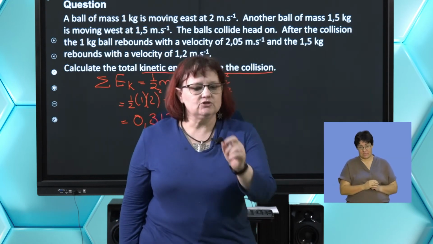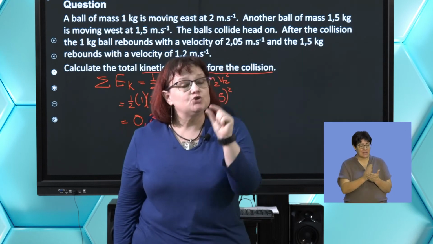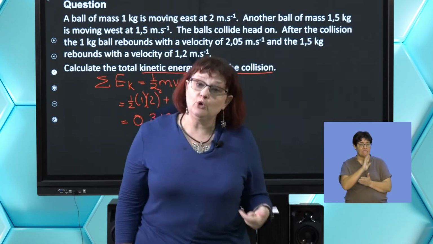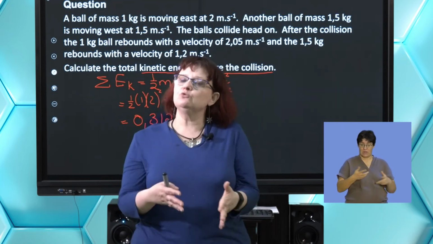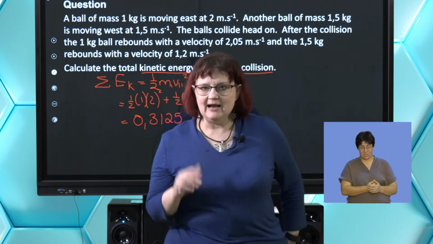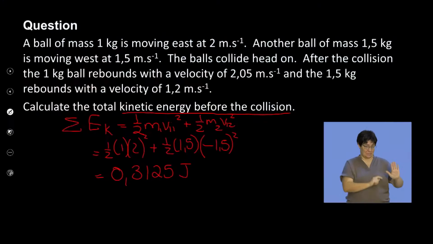Sometimes in these questions, the change in energy is so small that if you round off too early and have too few decimal places, you won't see it. So just be careful, all right? I'm going to keep the 4. Now, that's the first one. So that's the kinetic energy before the collision.